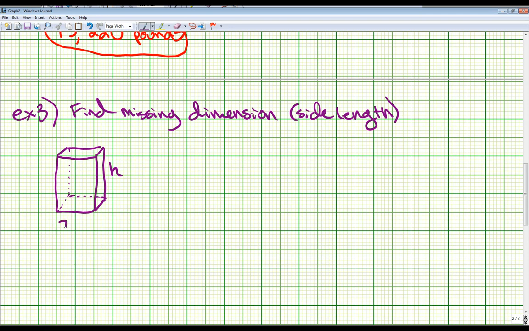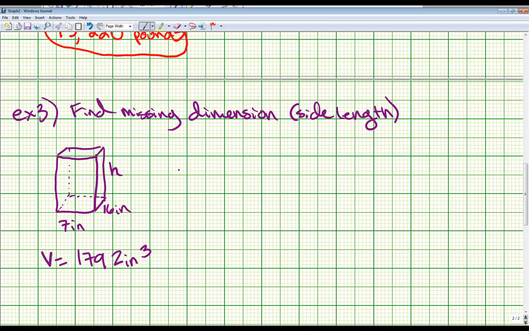It has a 7 inches for its length, and then its width is 16 inches. So that's our computer tower and what it's given. They also tell us that the volume is 1,792 inches cubed. So they already give us the volume. So this particular question is asking us to find the height.